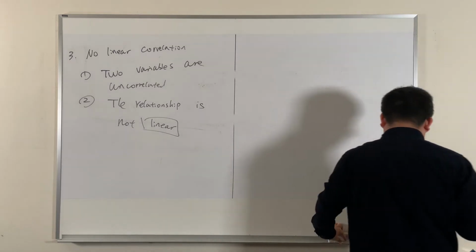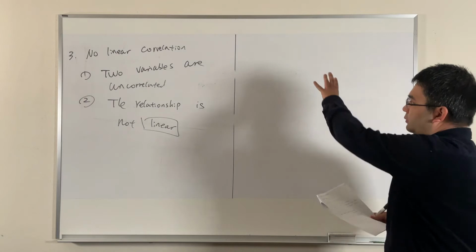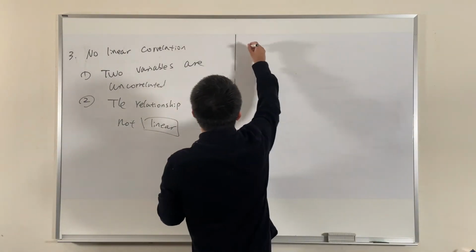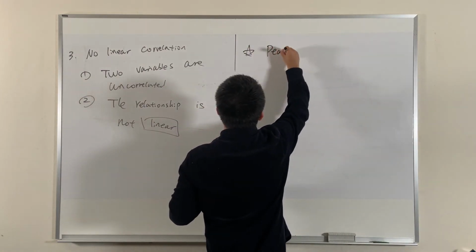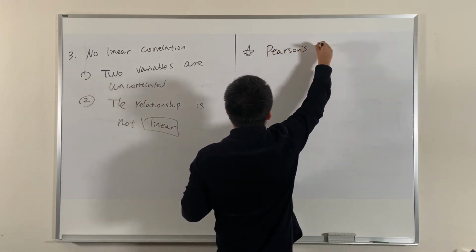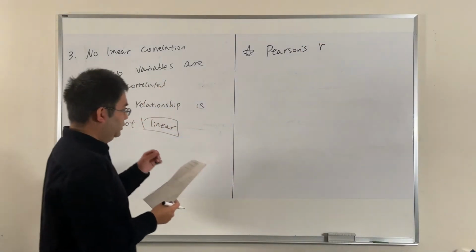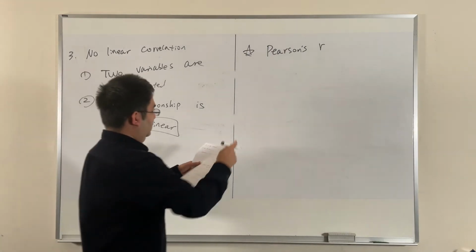The final goal of the following calculation is to look for Pearson's R. But before we go into Pearson's R, we need to first talk about the concept of covariance.